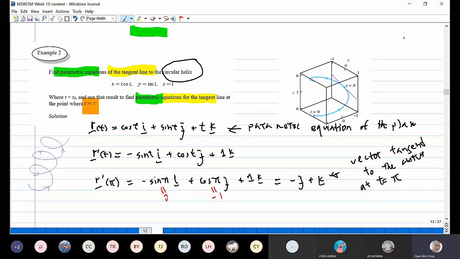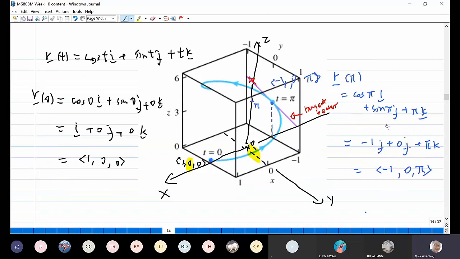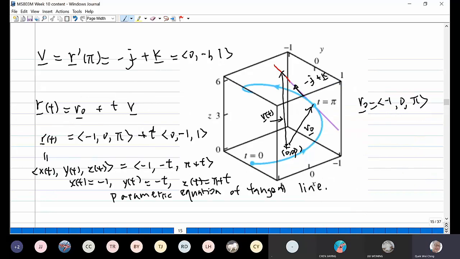This is the beginning: I find the tangent vector, and then I blow up to find the point for you. How do you read the graph? And then how to calculate the equation of the tangent line, especially the parametric equation.